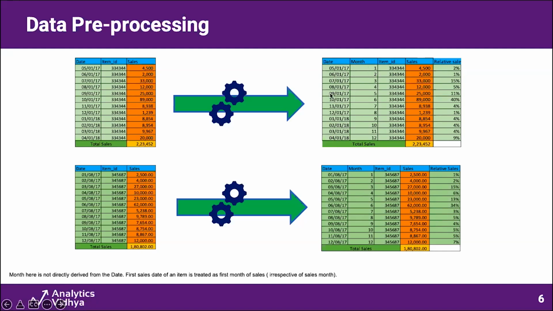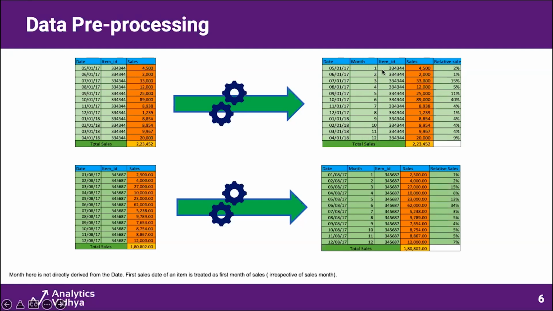In that case, when you subtract, add 12 months. Let's say 2 minus 4 is minus 2, and then we add 12, so it comes to 10. This is how you can derive the base month. It indicates that this particular sales is the first month on the launch, in the second month after the launch the sales was this, and in the 12th month after the launch the sales was 20,000.